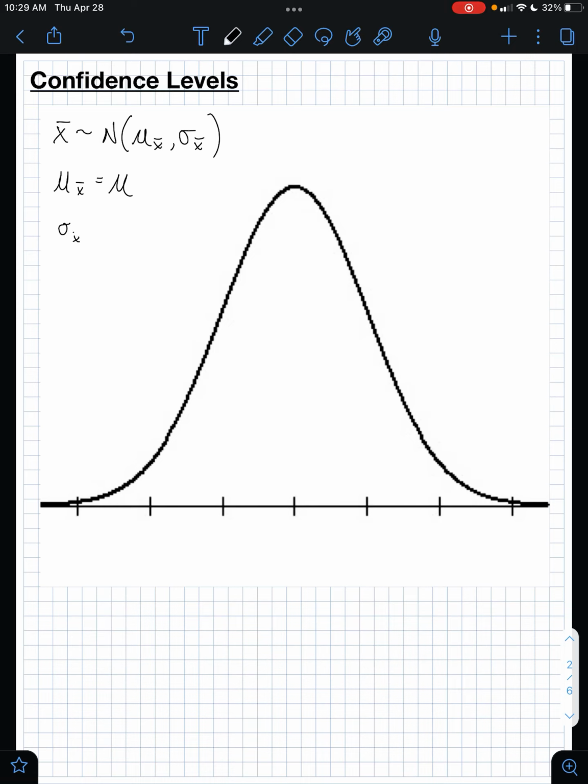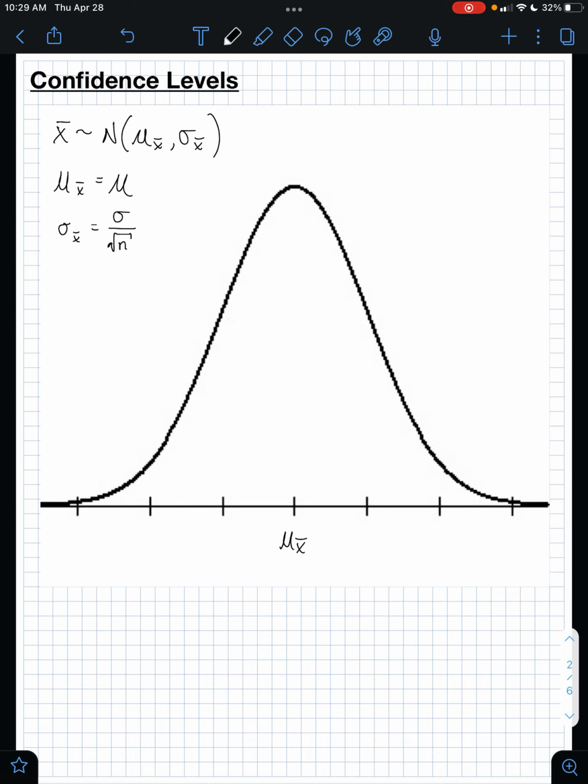And the standard deviation of the sampling distribution is the standard deviation of the population over the square root of our sample size. So, we've got a normal distribution here.